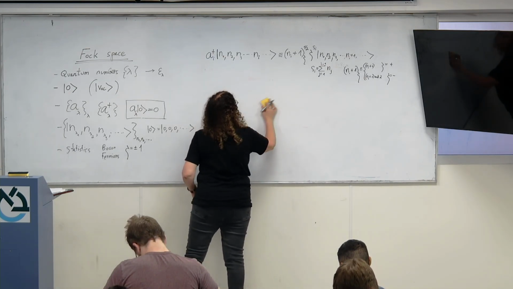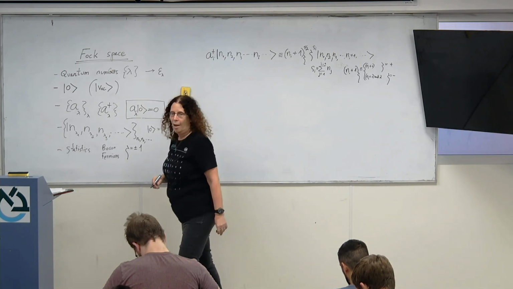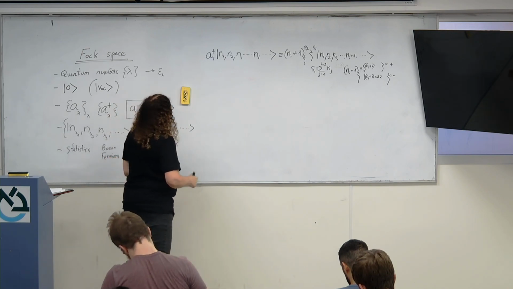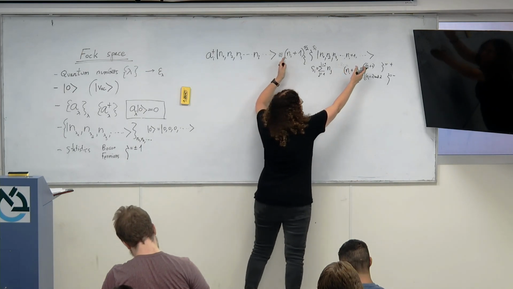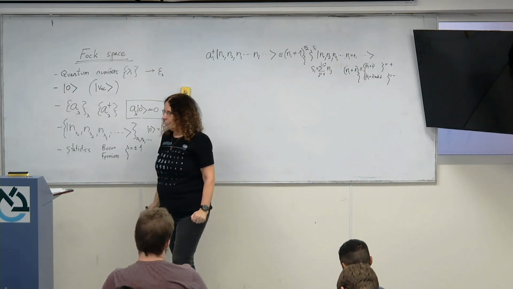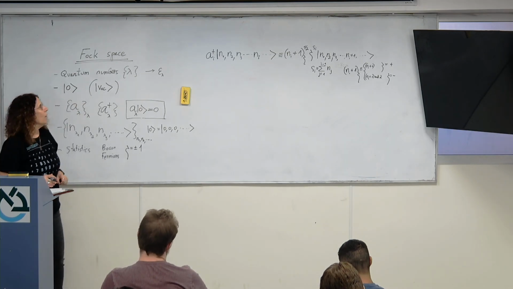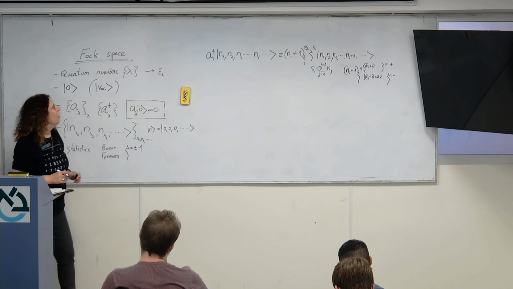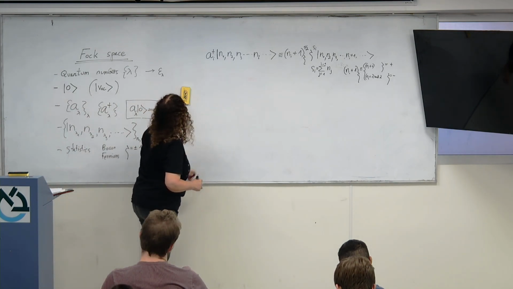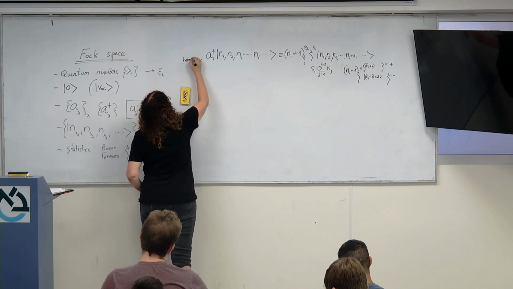Now what I'm doing, let's take the original definition of A dagger. We have here an equality between this state and this state, and we can always look at its Hermitian conjugate.